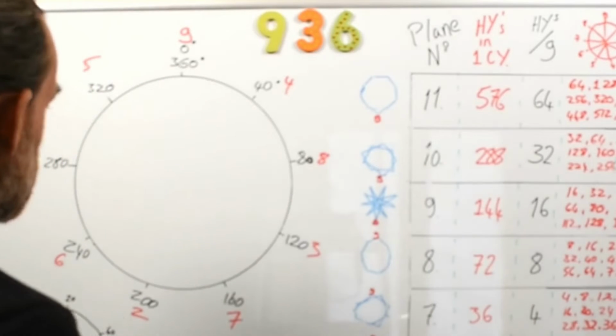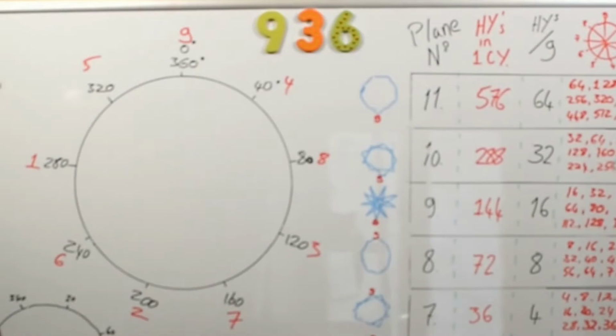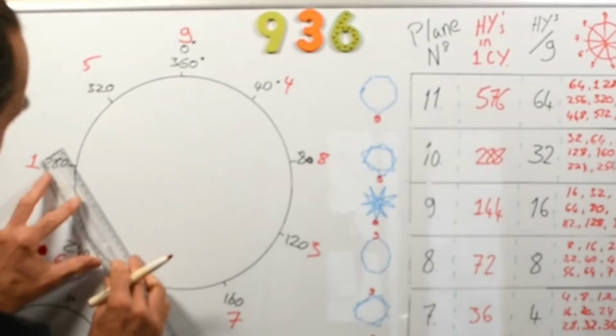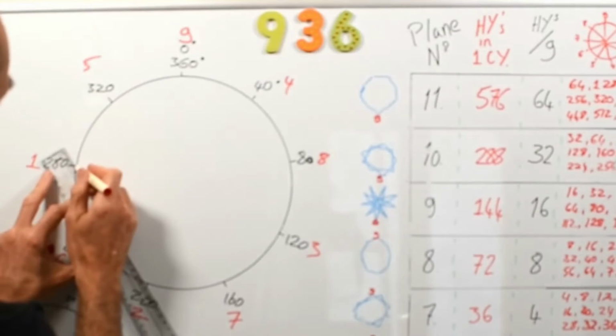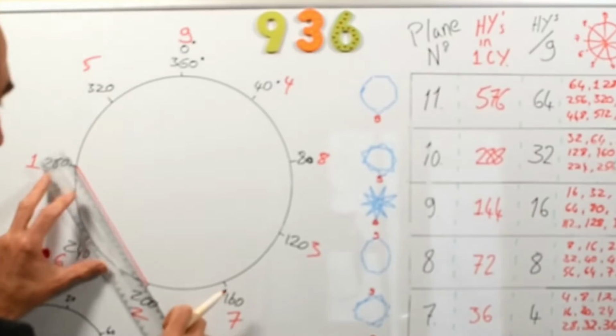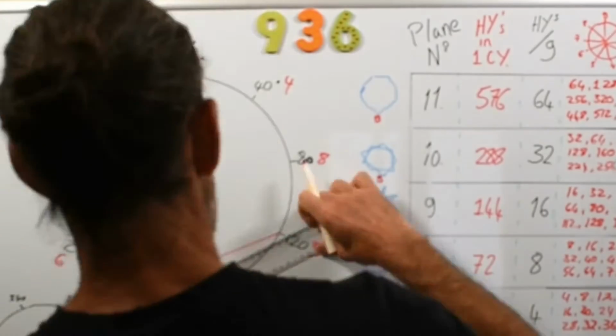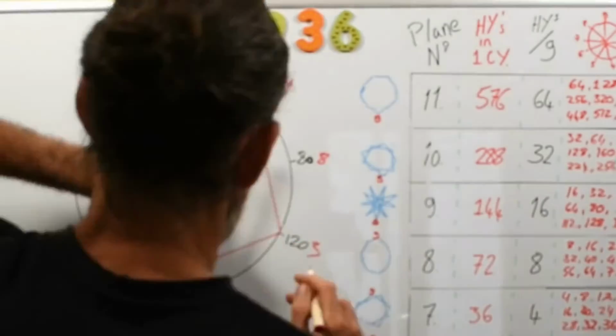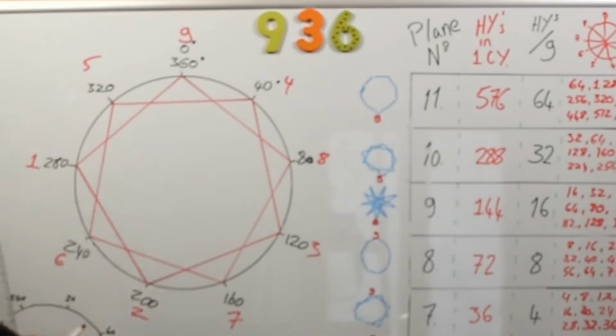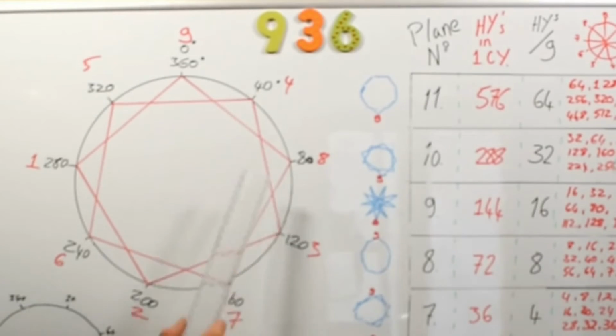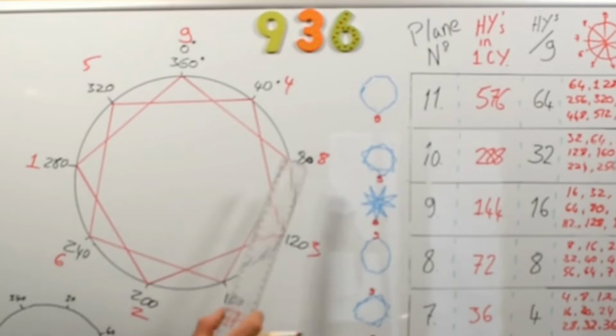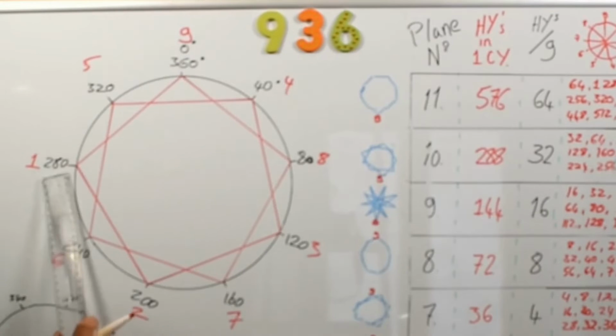Now in this instance, if we were to do a dot to dot, 1 to 2, 2 to 3, 3 to 4, to 5, to 6, to 7, to 8, to 9, and then back to 1.